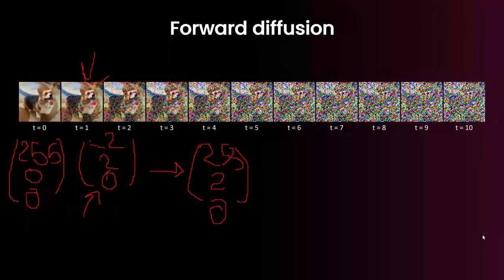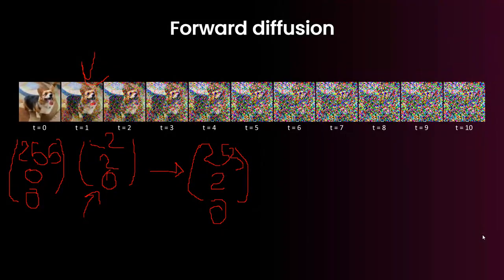And also don't forget the variance scheduler, or the noise scheduler. It could be called by both terms, which controls how much noise you add.